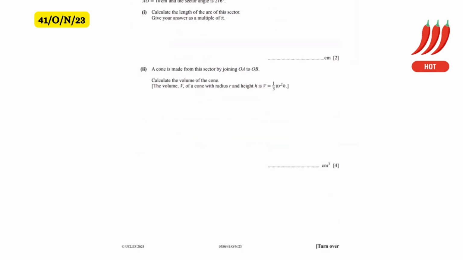So for the perpendicular height, let's draw half of the cone over here. Let's draw the entire thing actually. This is basically a cone. This is 10. The arc length is your circumference of the circle.